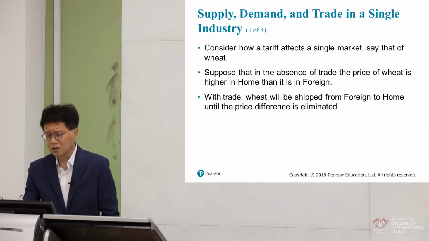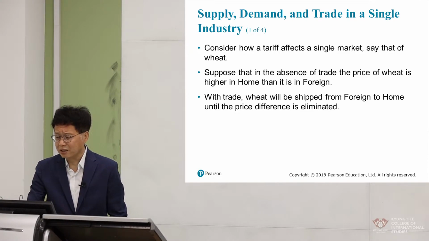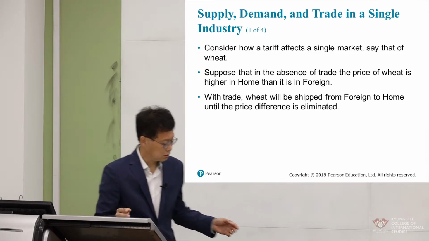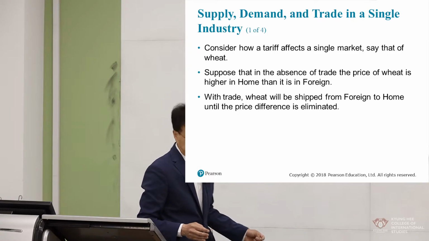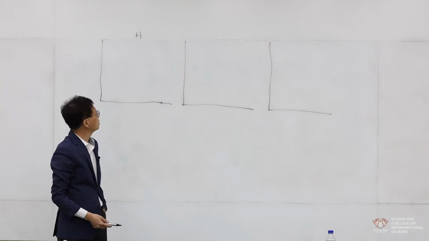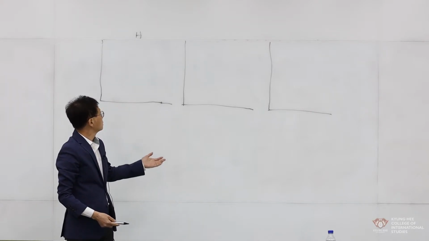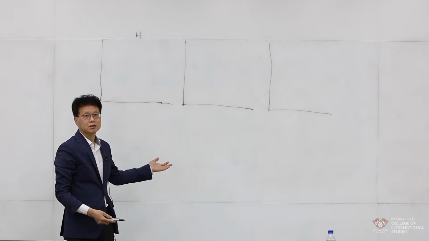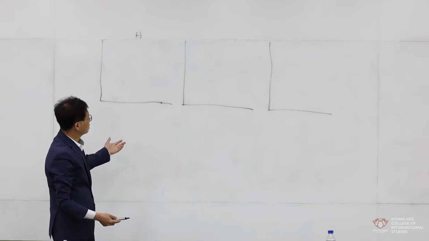Consider how a tariff affects a single market, say that of wheat. I'd like to use a whiteboard. I'd like to explain the impact of a tariff using some graphical illustration of the impact of a tax.